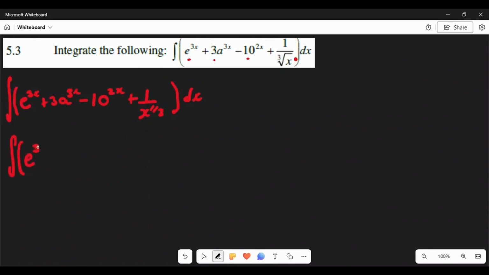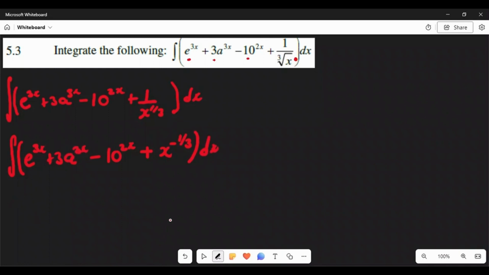So we have e to the power of 3x plus 3a to the power of 3x minus 10 to the power of 2x. Now when we take the base to the numerator, the sign of the exponent changes, so it's going to be negative 1 over 3. I hope you guys know this. These are exponent laws. All right, so when it's like this, we can now start integrating.